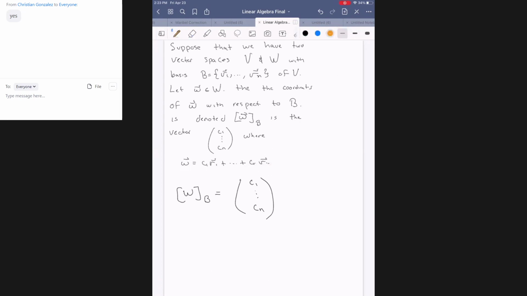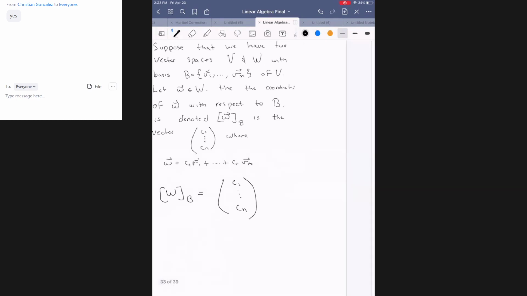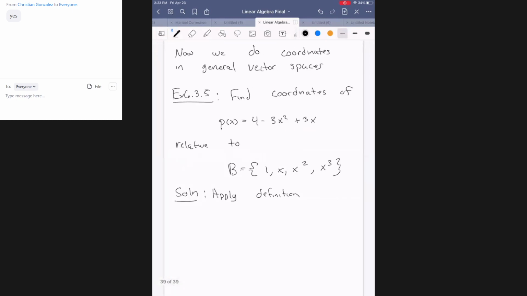Basically, I want to write the vector w as a linear combination of the vectors in the basis and find the c's. It's the same process. So what is my vector here? My vector is p of x, which is 4 minus 3x squared plus 3x.